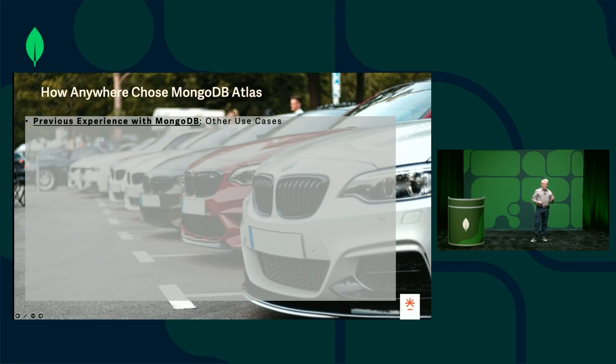When we went to make the decision to use Atlas, we had some developers who had actually used Atlas in other locations. I had used MongoDB, but not with Atlas. When we first started using Atlas for a transactional system, it was a little bit of a surprise. I was kind of skeptical at first, but I was quickly converted.